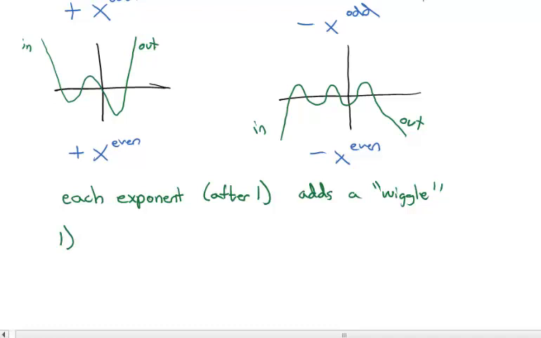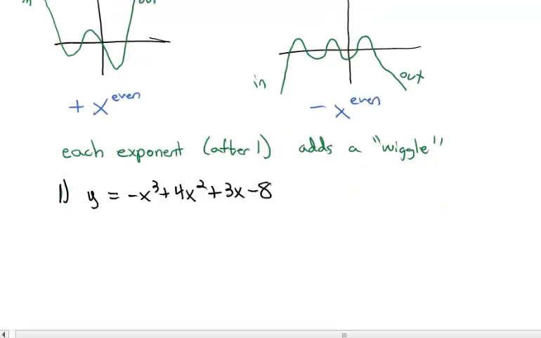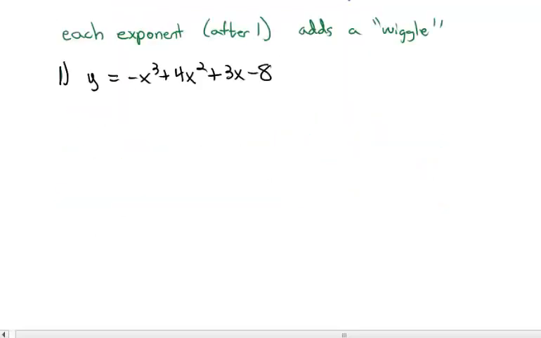So if I were to ask you to at least draw a sketch of what the graph y equals negative x cubed plus 4x squared plus 3x minus 8 looks like, this is going to be not to scale, just kind of a sketch, knowing the behavior of the graph, what it is going to kind of look like and possibly do.